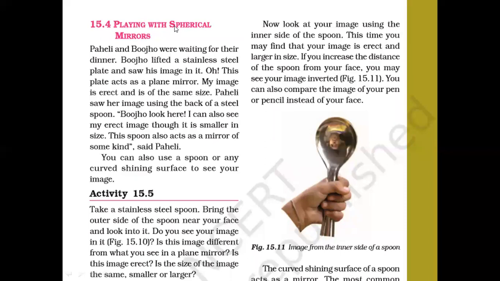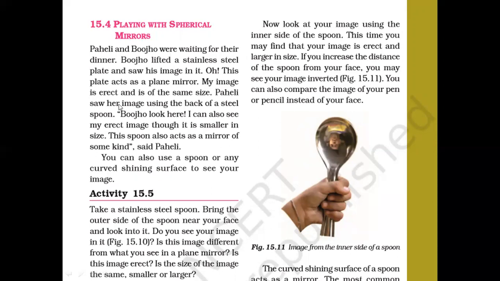Playing with spherical mirrors. So Paheli and Bujo were waiting for their dinner. Bujo lifted a stainless steel plate and saw his image in it. Oh, this plate acts as a plane mirror. My image is erect and is of the same size.